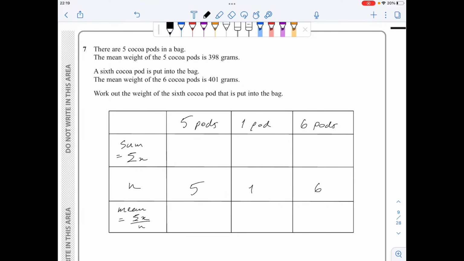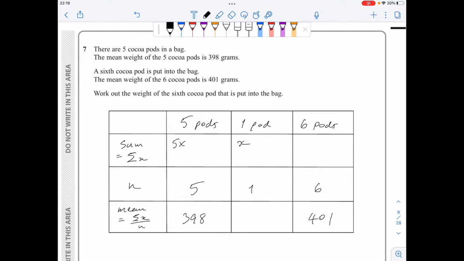I'm given the means of the 5 and the 6 pots, that's 398 and 401, and I'm asked to find the value x here, which is the weight of the 6th pot. Now to do so, I will first find these numbers here, and I'll do so by doing multiplication.